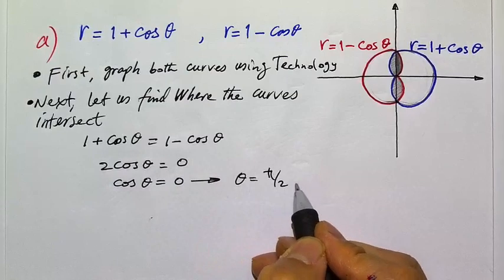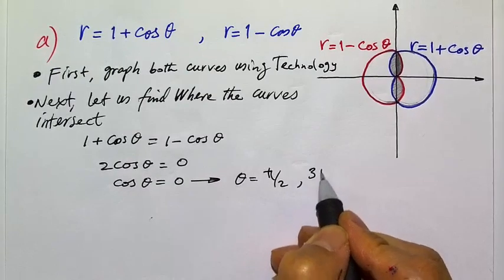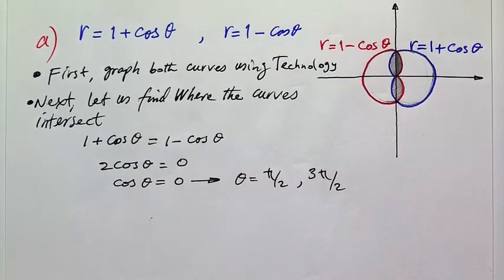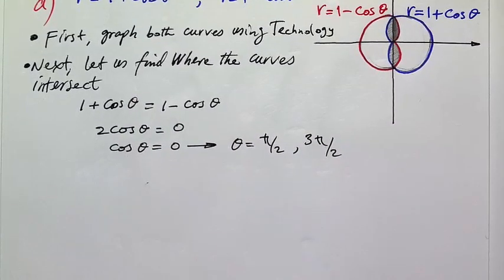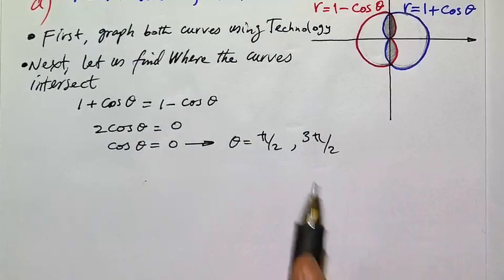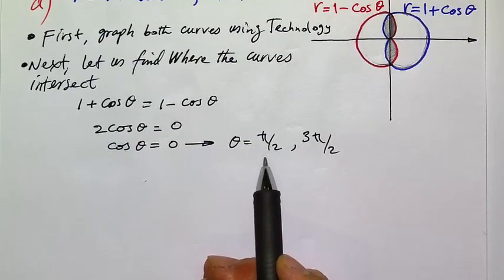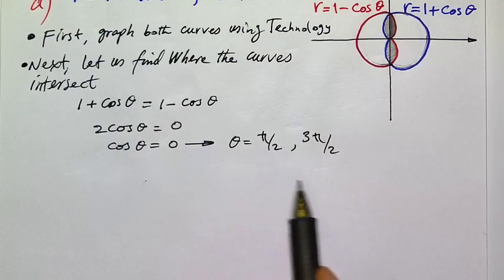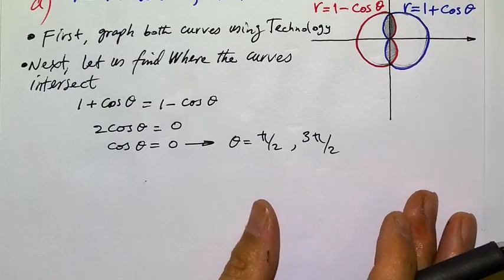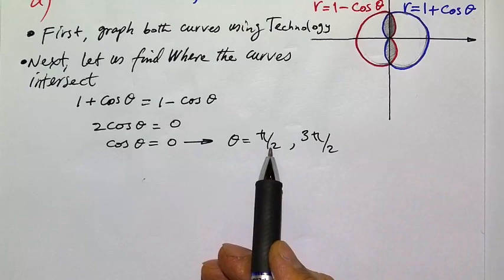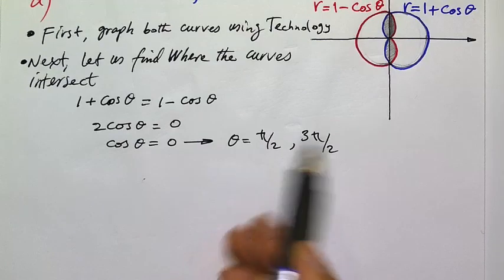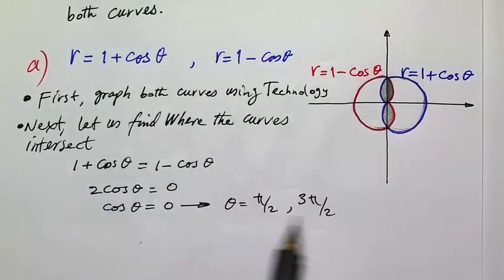At theta equals pi over 2 and also 3 pi over 2. This is all from trigonometry. So if you've taken trigonometry recently, then you'll remember these pretty easily. Okay, so now we're going to need to find out what is the r value for each of these.